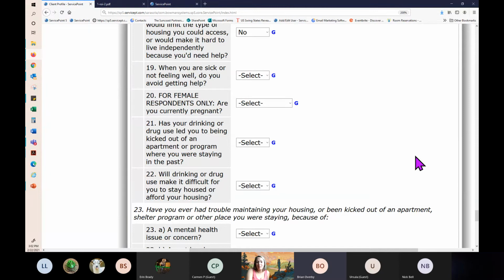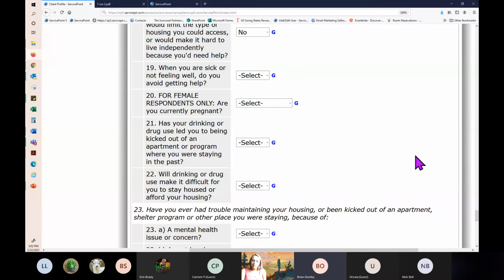When you get to the independent question, sometimes people can't get upstairs, and that's it. They can live independently, but because they can't physically get up and downstairs, or they're in a wheelchair, it's not that they can't live independently, but the place that you're trying to house them might not be able to.